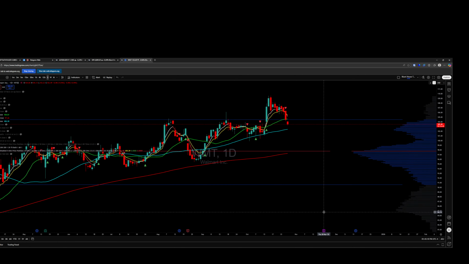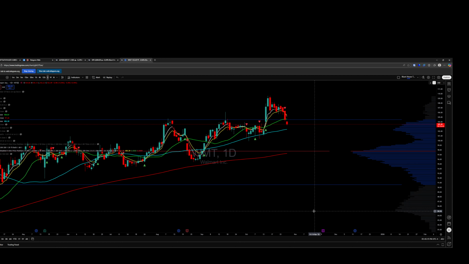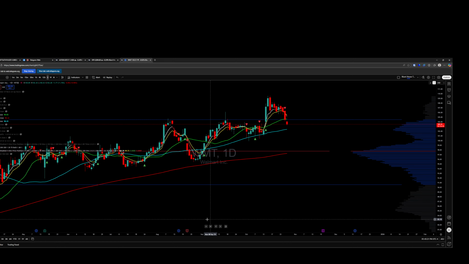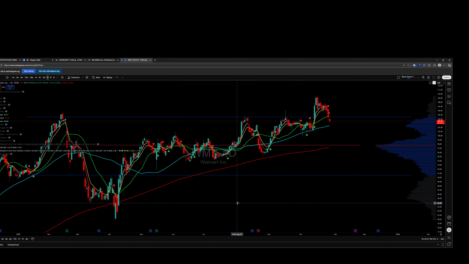So you can kind of see how we get to our targets. It's just a simple matter of overlaying these handful of tools and understanding the rules that we have. Right? Are you trading above the 20, the 50, and the 200 on Walmart's daily chart? Yes. That's totally copacetic. Just understand that at certain points in time, you're going to come back and check those levels.